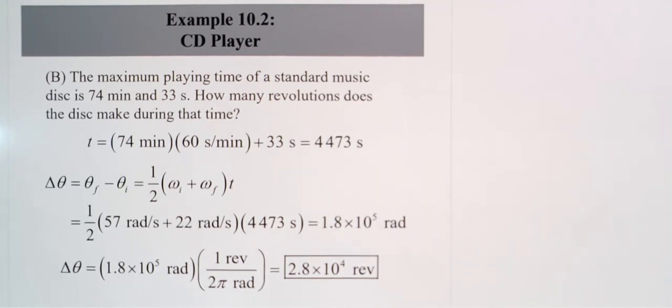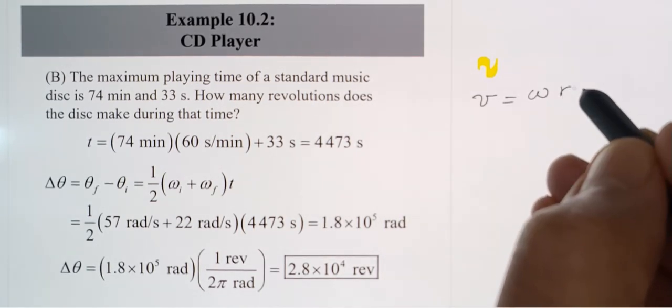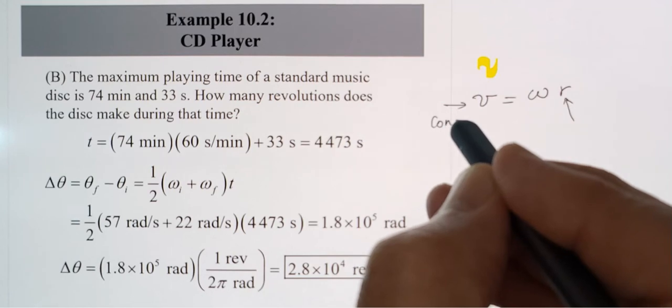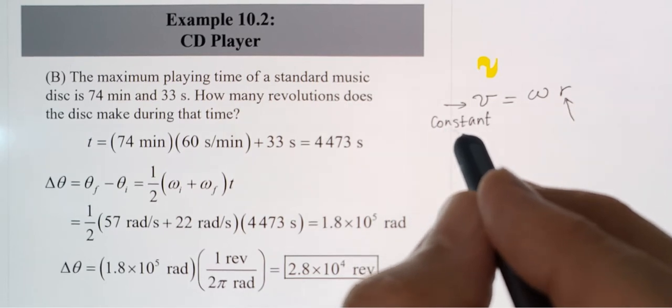Go ahead. Doctor, I have a question regarding the linear speed. Yes. How is the linear speed for the outer part the same as the inner part? Because the outer part, the point travels more distance than the inner part, but they both do it in the same time. Not in the same time. No, not in the same time. We have V is equal omega R. When we design the equipment, this V is constant.